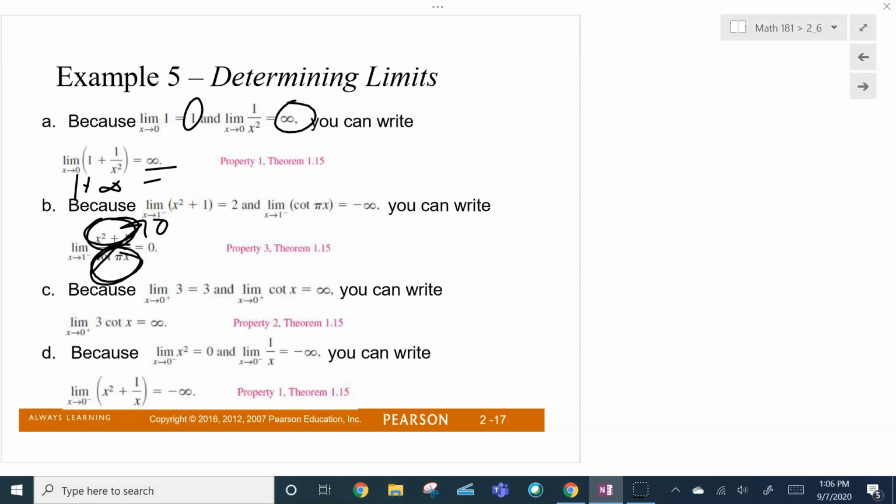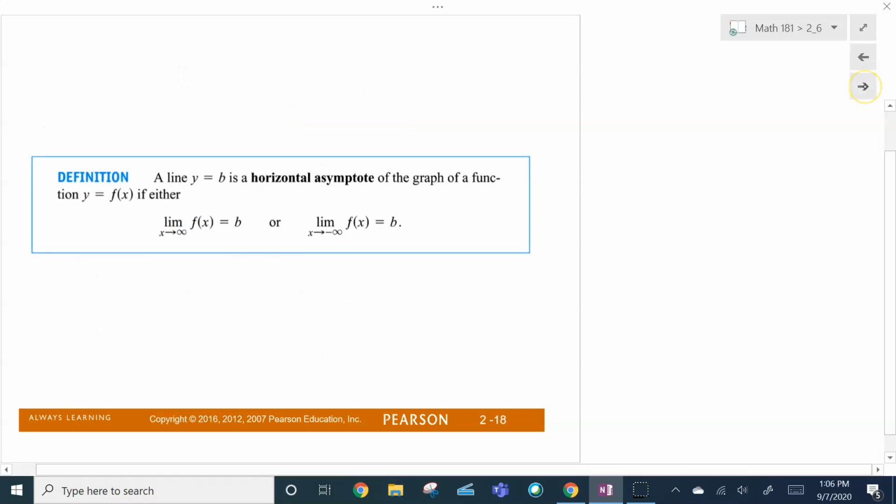Okay. Here we've got 3 times the cotangent of x, and this is infinity. So the limit of their products will be infinity. And finally, we've got this is 0, and this one's shooting to negative infinity. So the summation of the two will be negative infinity on those.